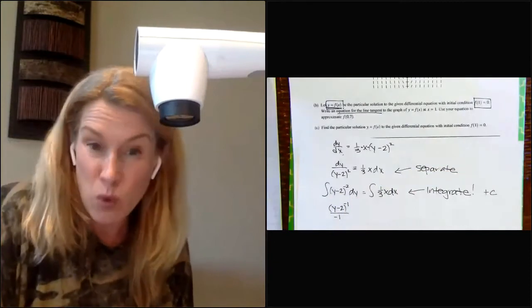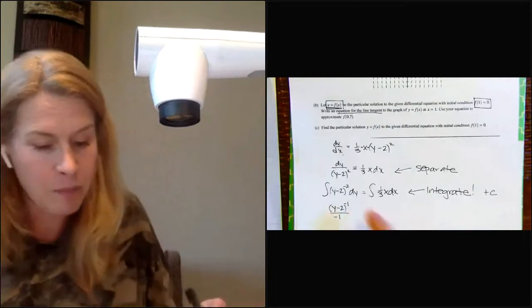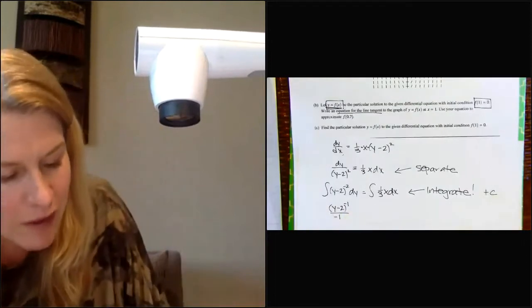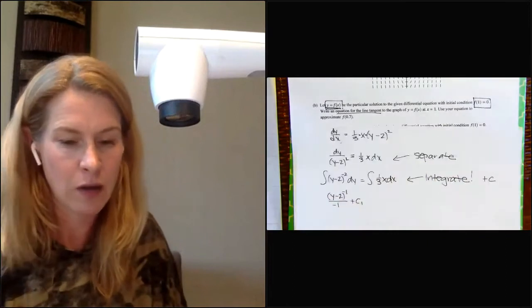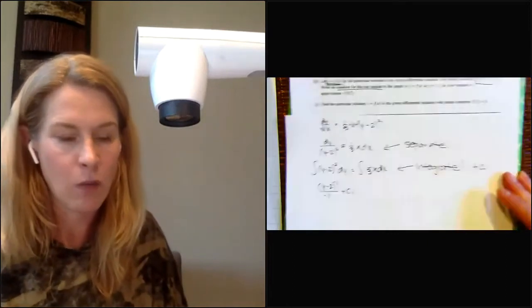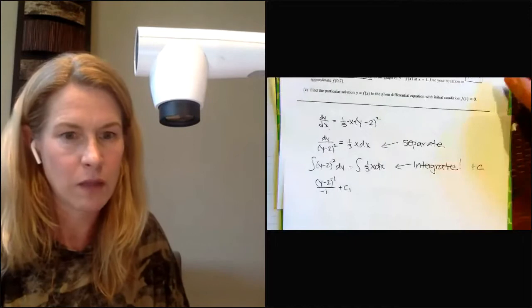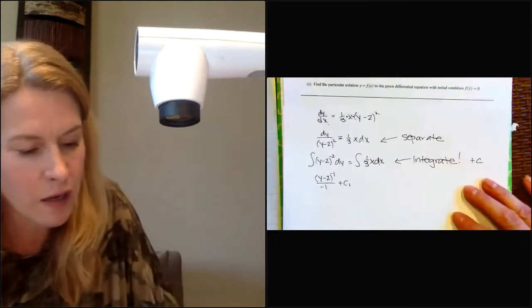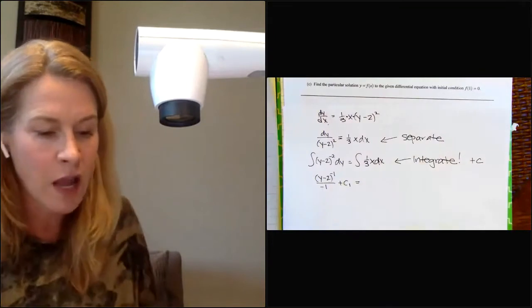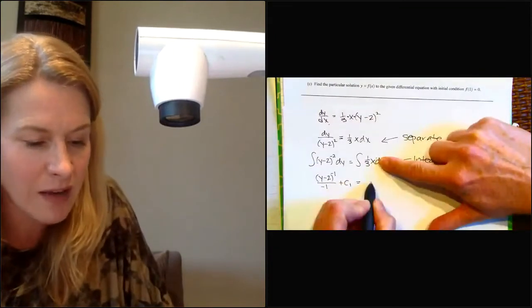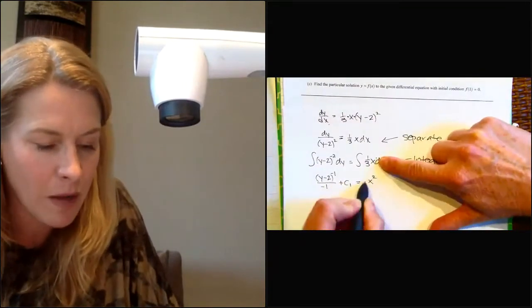Of course, this side would get a plus c. However, I'm going to write plus C1 for now, and I'll tell you my take on the plus c with separable differential equations in just a second. On the other side, it looks like everybody who typed it in got it correct: this is x to the first, so we raise that x to the second. And of course, that was 1/3.